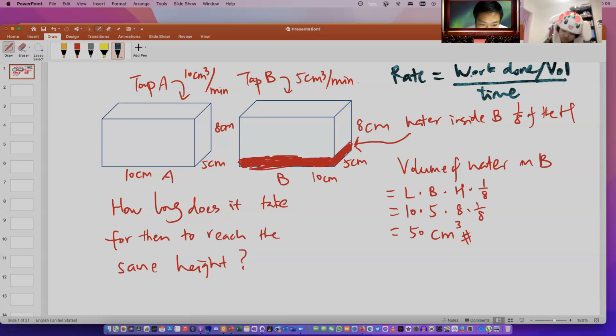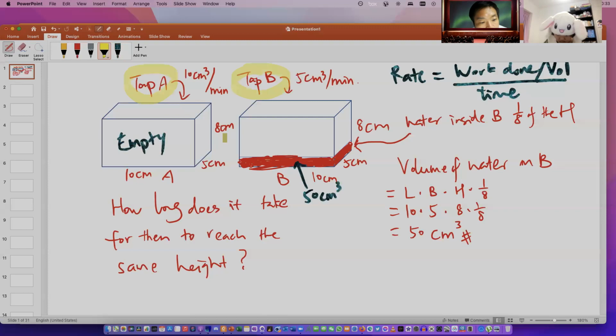The question starts with this container being empty, while this container already has some water. Over here is 50 cm cube. Then you have both tap A and tap B, of different rates of water going in.